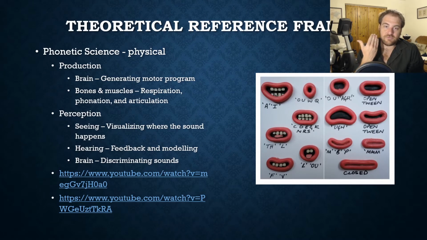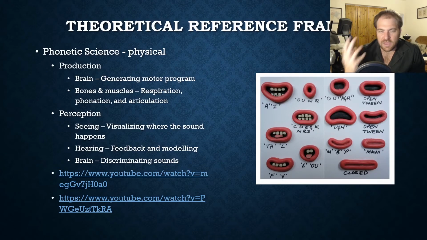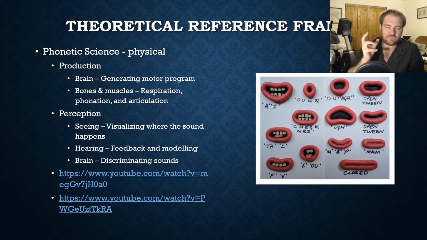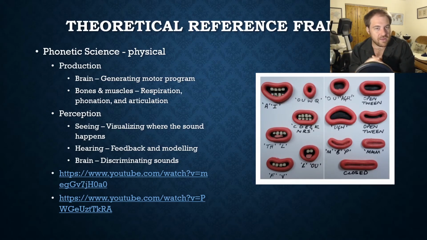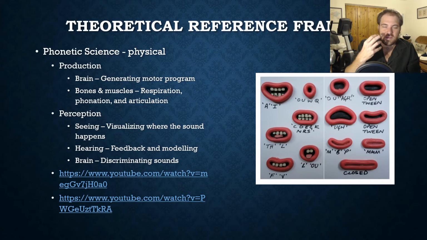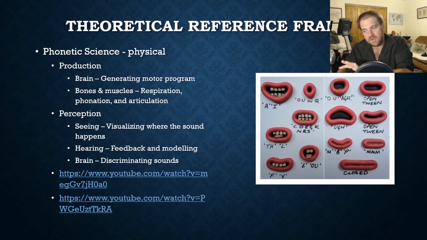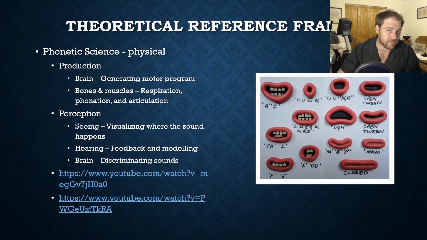Those are back too far to be able to really figure out what's going on there. If you can't hear the difference, or if you're just learning the language and you don't really know how to map an h to where you're going to make it in your mouth, then it's easy to see these others and you can kind of figure that out. You can use the visual information and the auditory information together.